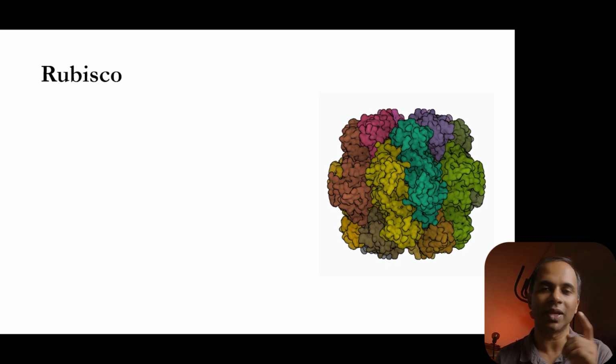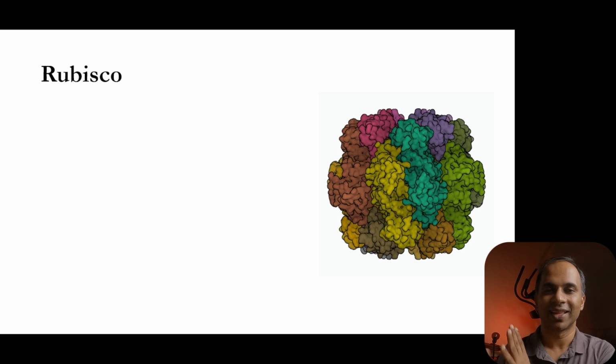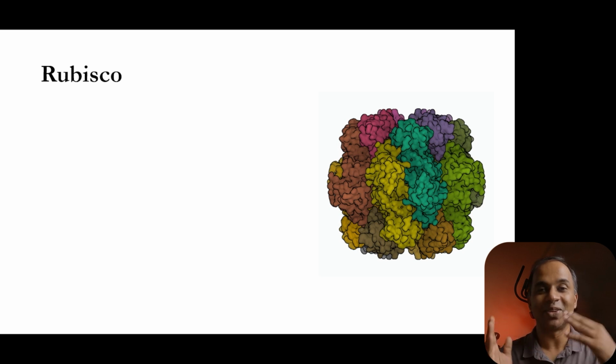Remember when we talked about oxygen levels and other things? Remember the early atmosphere, there was less oxygen. So when Rubisco evolved, there was nothing to worry about like oxygen. So it says, okay, I don't care about oxygen. And what happened was, because of Rubisco, the oxygen level went up.